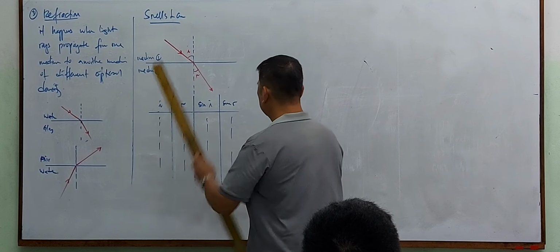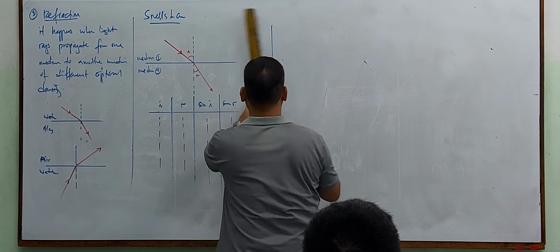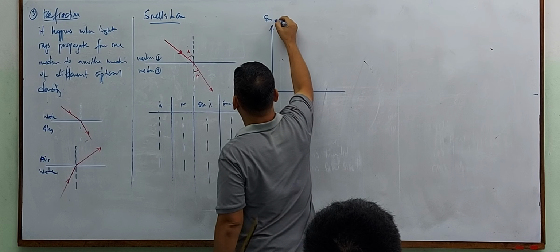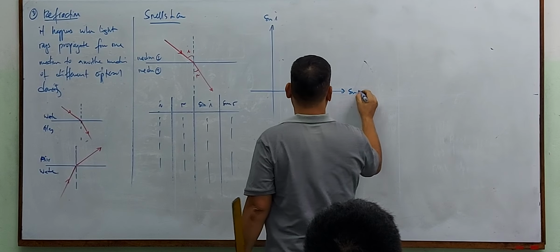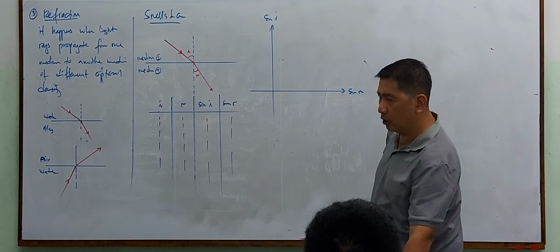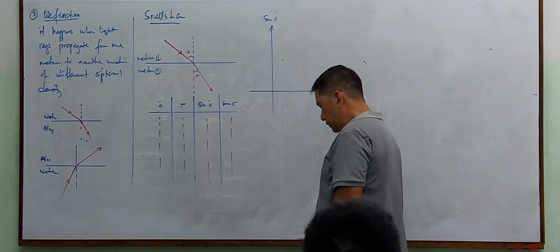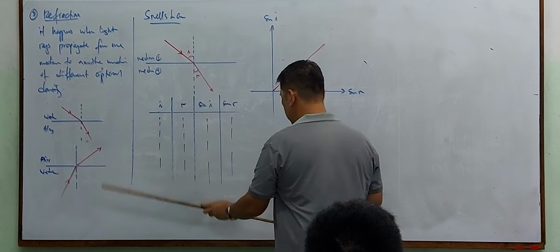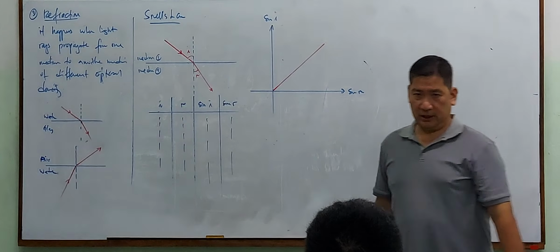Then you plot a graph of sine i over sine r. You're going to get a straight line. That is from Snell.